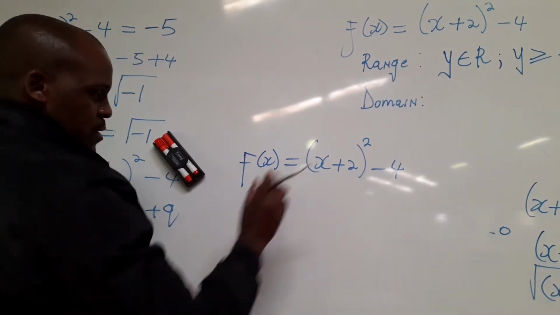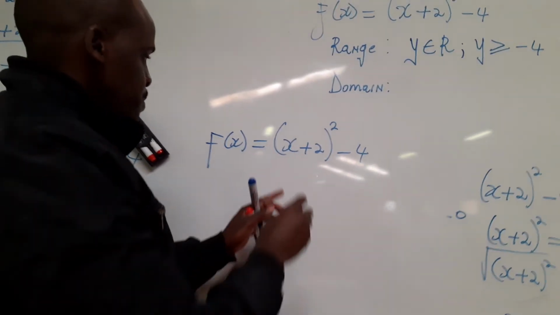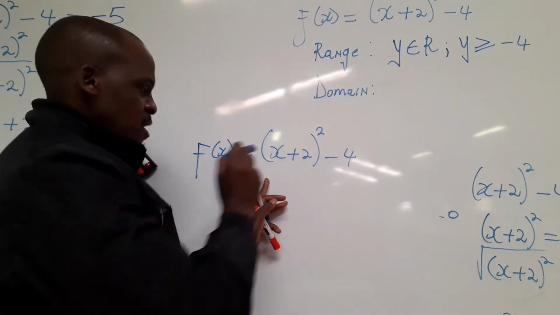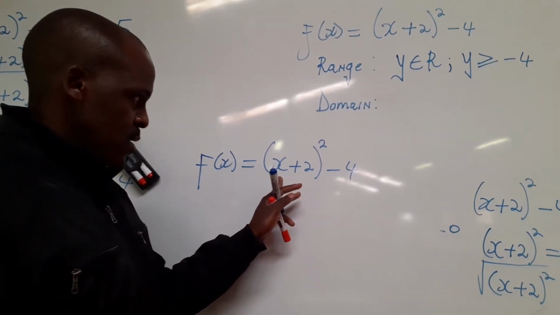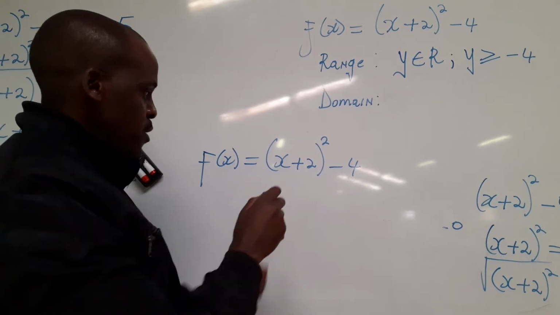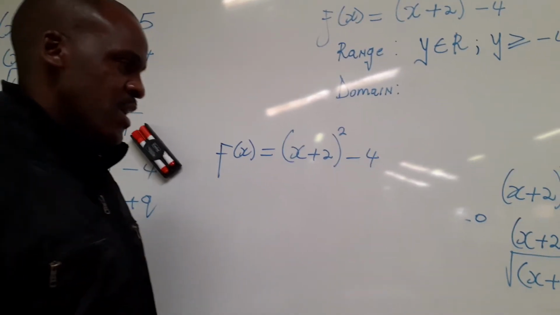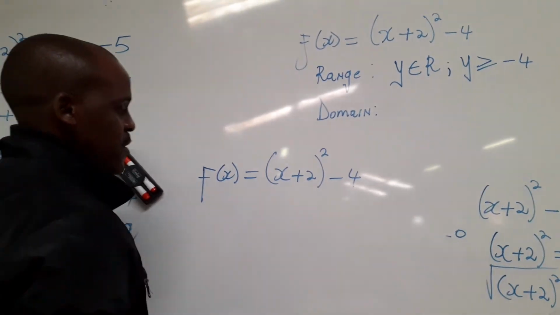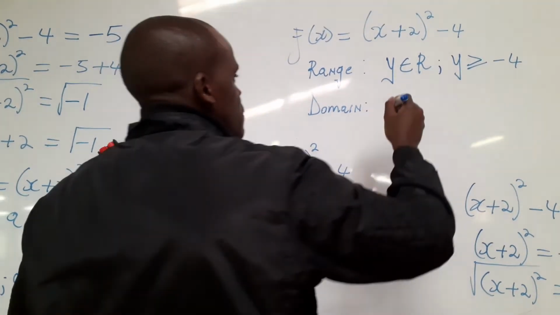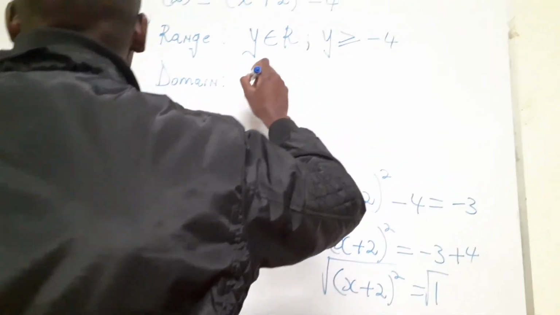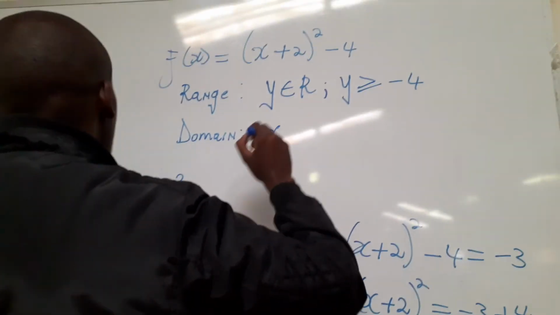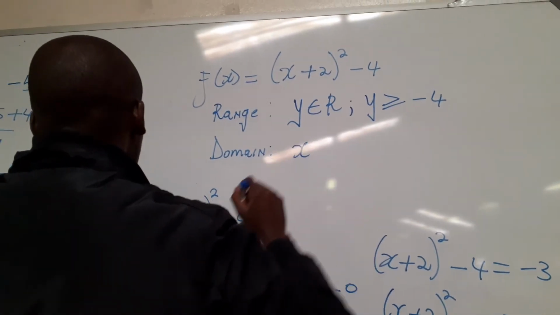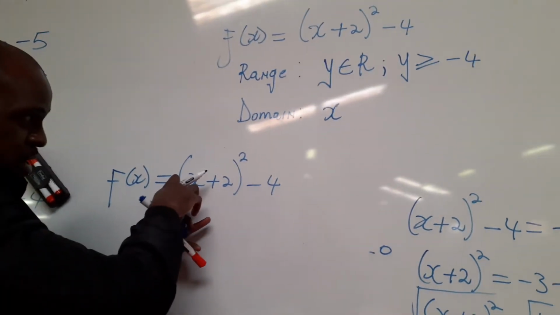When you look here, we can put any value of x here. Any value. This will always exist. It's either 0, negative, or positive. Therefore, for our domain it is the value of x.